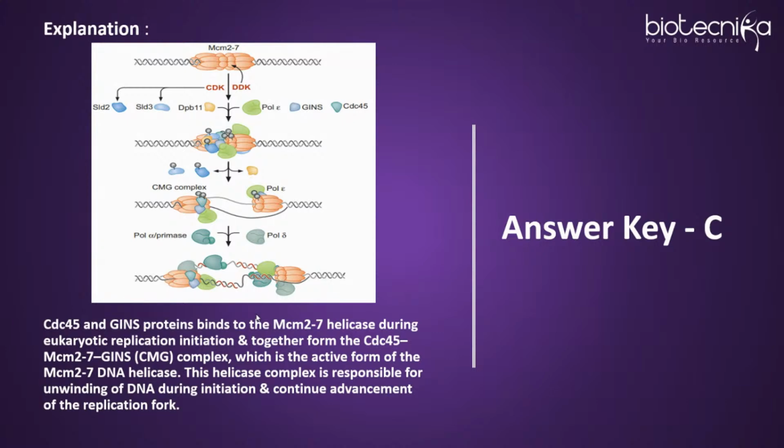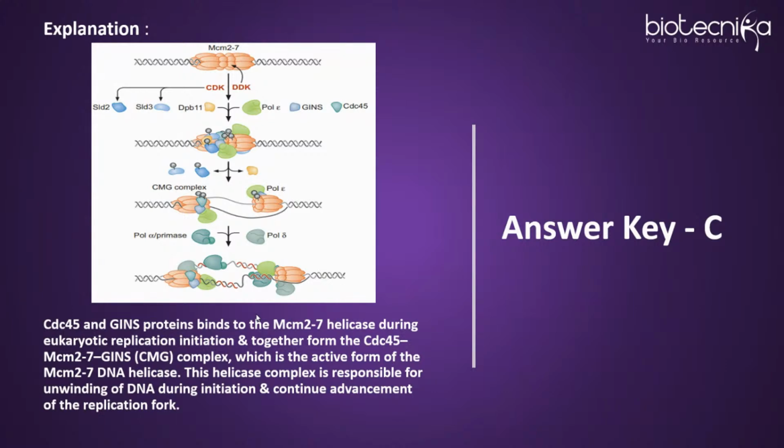So CDC45 and GINS, these two proteins bind to this helicase enzyme during eukaryotic replication initiation, and together they form the CDC45, MCM2-7 and GINS complex, which we basically call CMG. It is majorly known as the CMG complex, right? This is the active form of the MCM2-7 helicase.